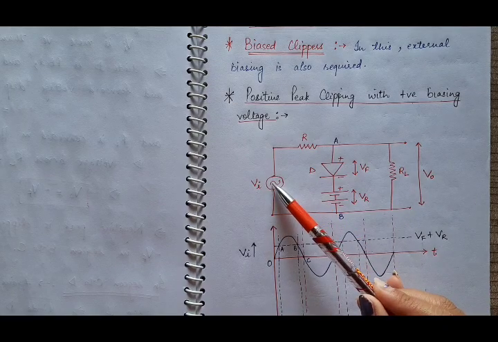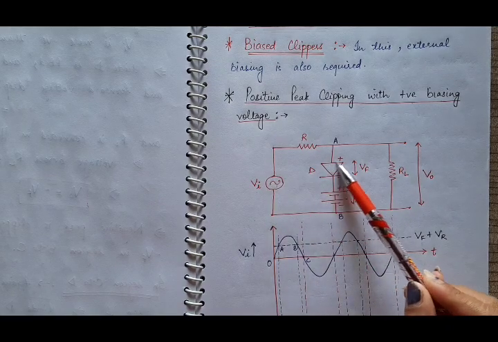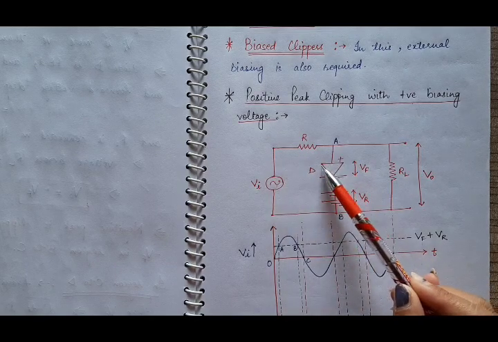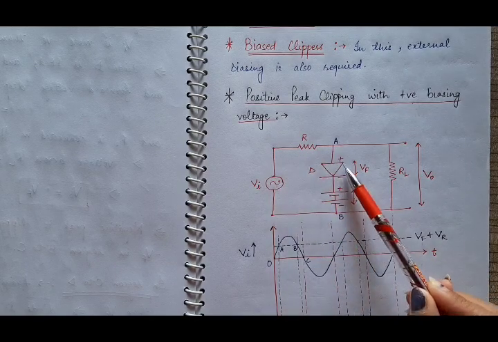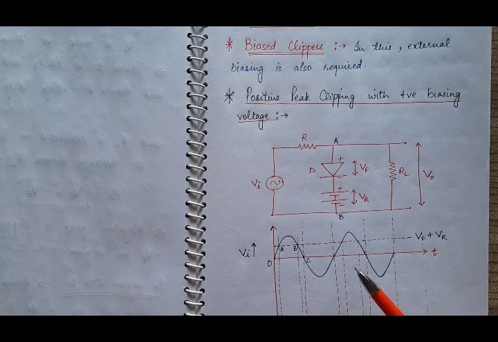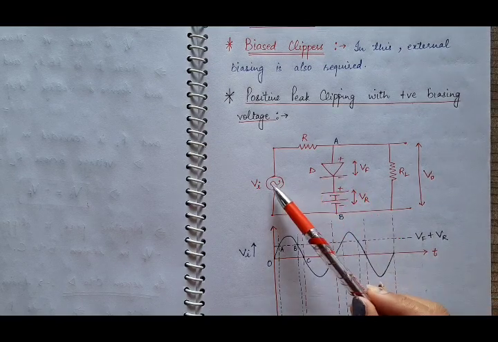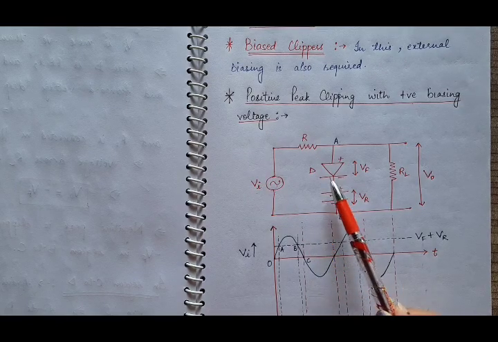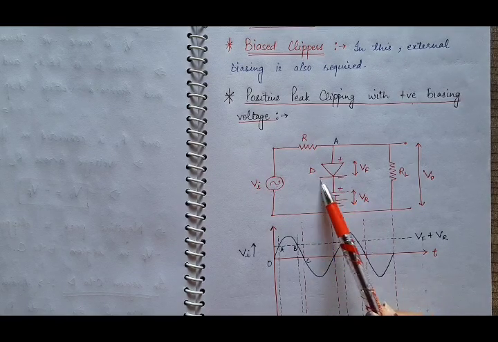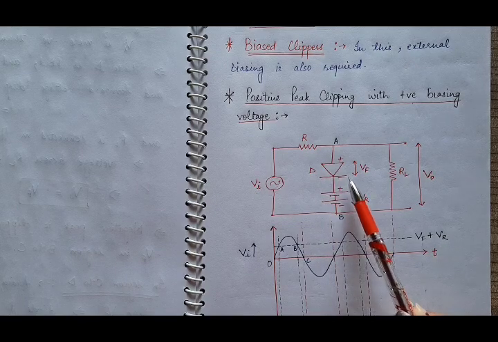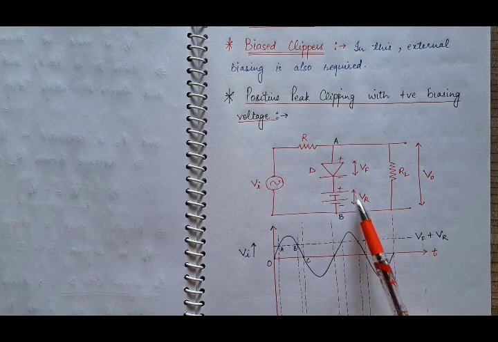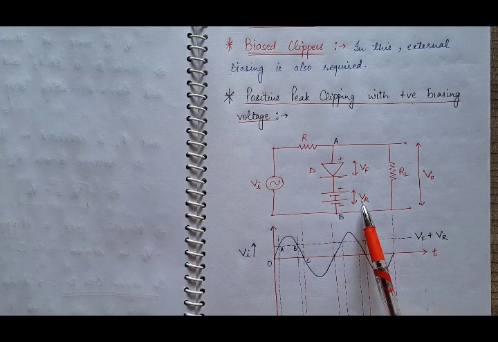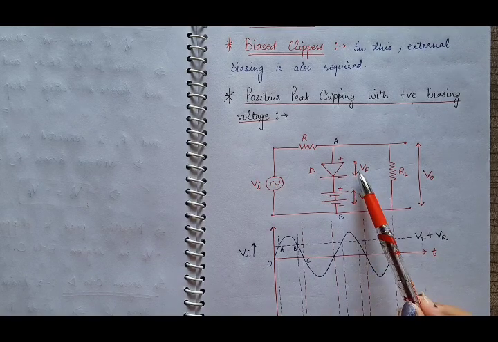This positive half cycle will forward bias the diode, because it is applied to the P terminal of the diode. So the diode will be forward biased because of this positive half cycle. Now see the negative N terminal of the diode. It is connected to the positive of VR. It means this VR will reverse bias this diode.